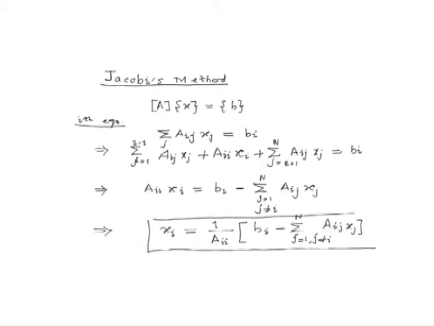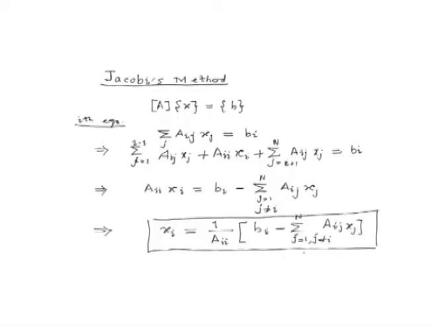Now, this basic relationship can be utilized as an iterative scheme, and this is what Jacobi proposed: if we start off with some guessed value of the vector x, based on those guesstimates we can obtain an improved estimate for the different components of the vector.